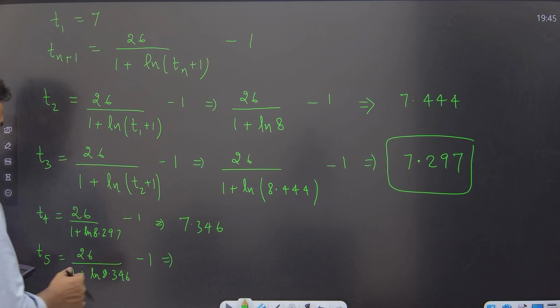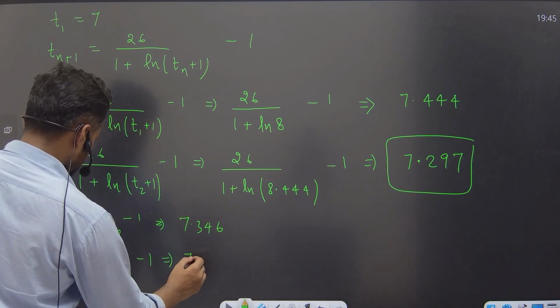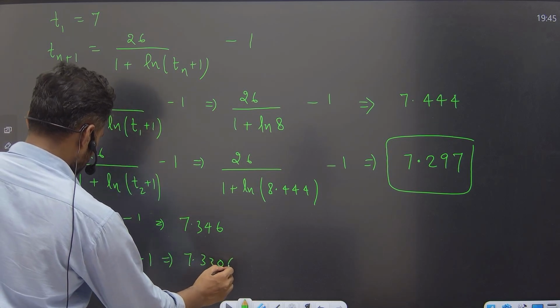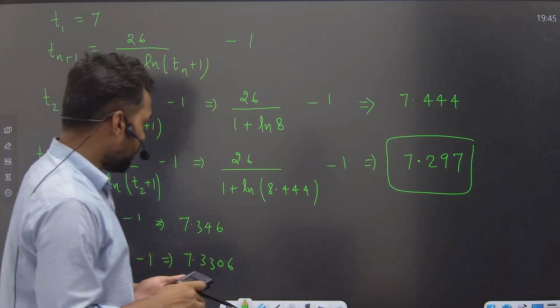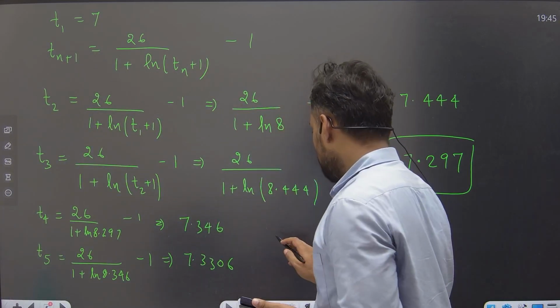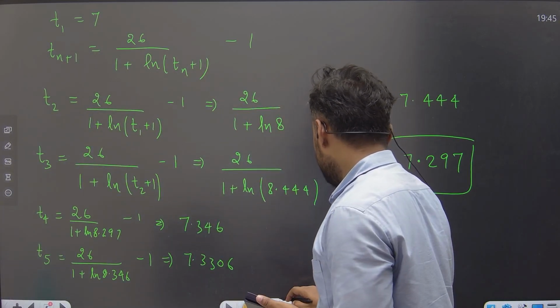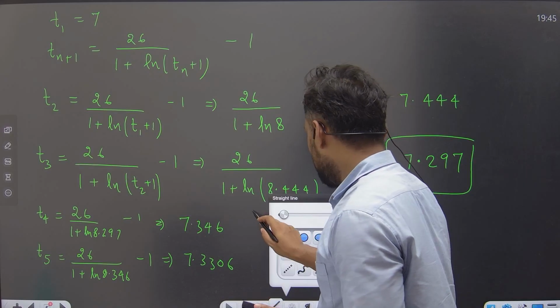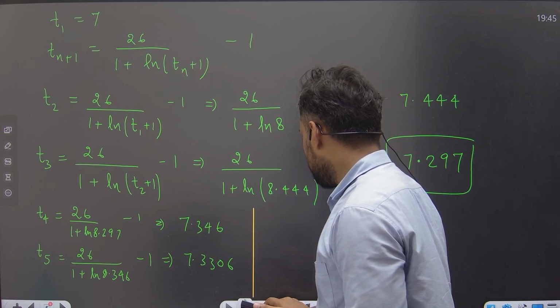So we are getting 7.3306 for T5. Now we need to find it for T6 as well. Usually in 3 iterations we get the values here, students.